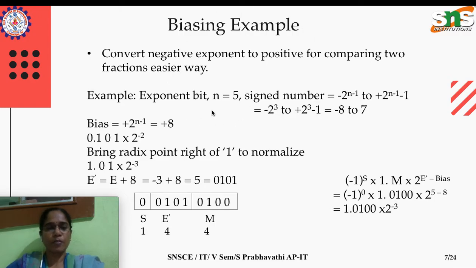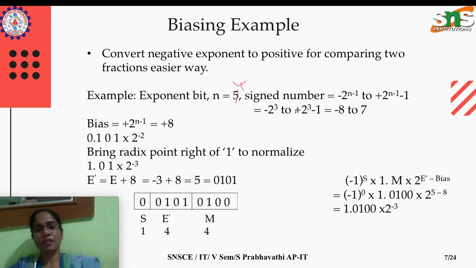Suppose the exponent size is 5 bits. The exponent will represent both positive and negative numbers, so the exponent could range from -2^(n-1) to +2^(n-1) - 1. I made a mistake here: in this example it's not 5, it's 4.